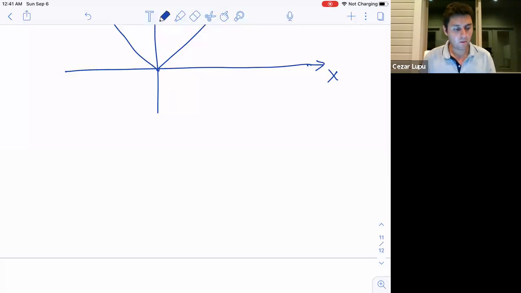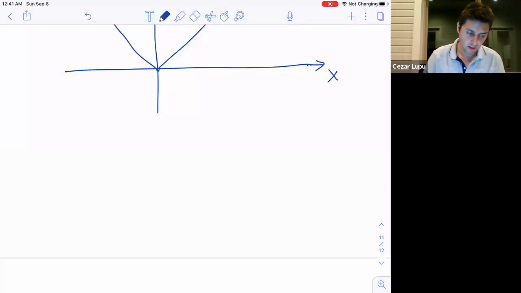For example, how do we identify a function graphically? And can we interpret some of the properties of a function by just looking at it?